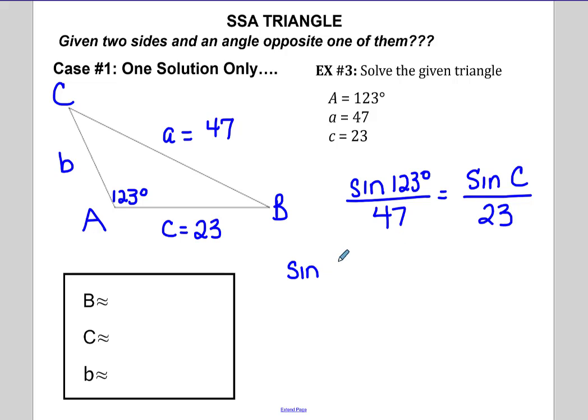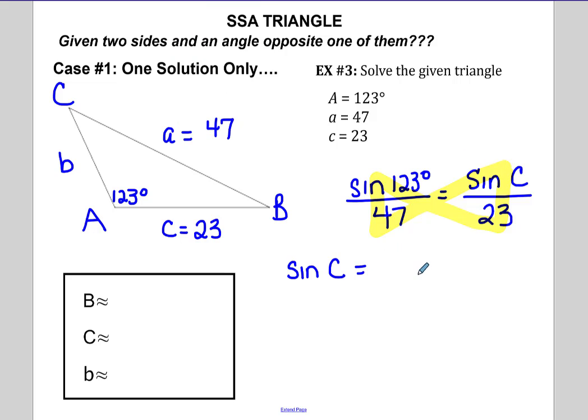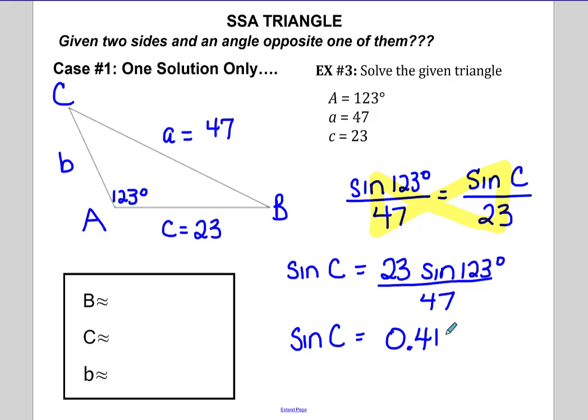Now, if I want to find the angle, I know that my ratio is 23 times sine of 123 divided by 47, that's going to give me the value for the sine. So I'm going to set this up, 23 sine 123 divided by 47. And on my calculator, I've already pre-done this. It was 413.